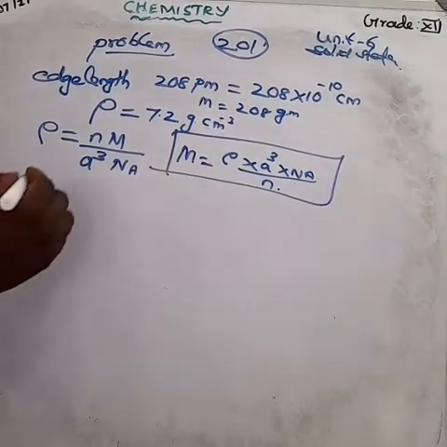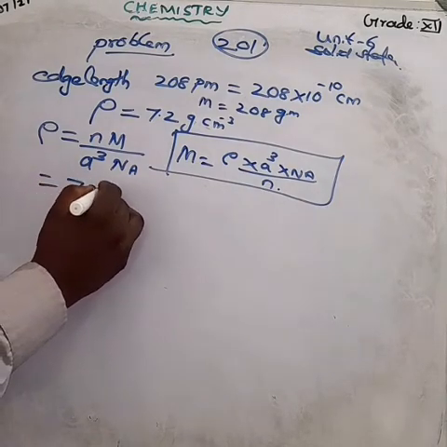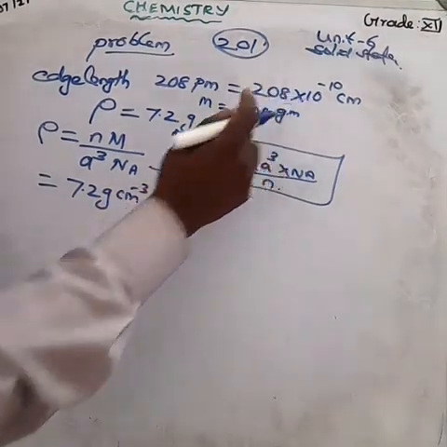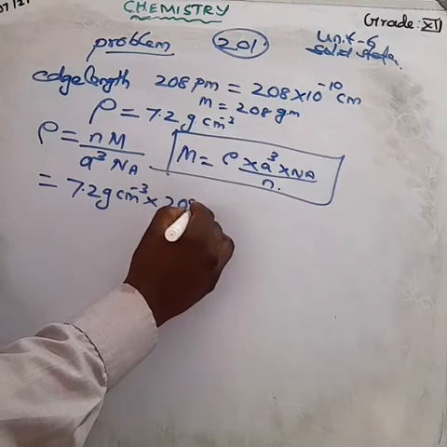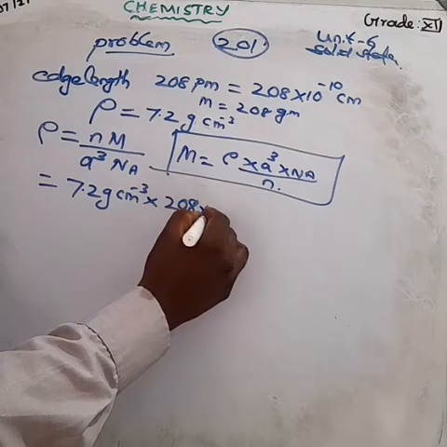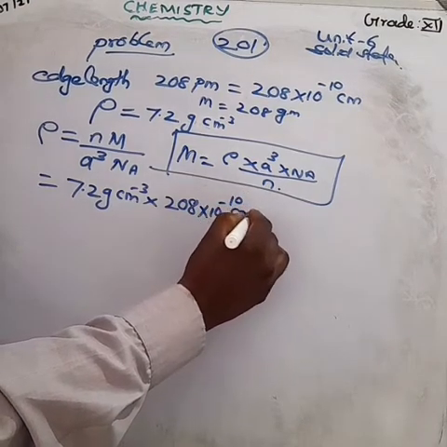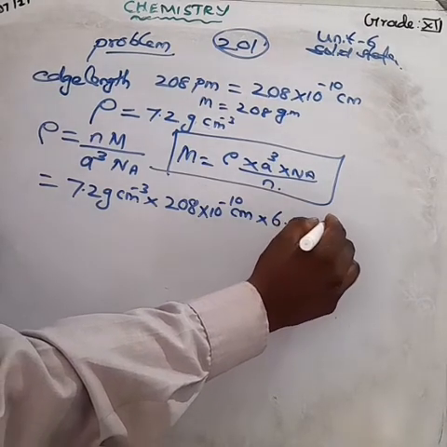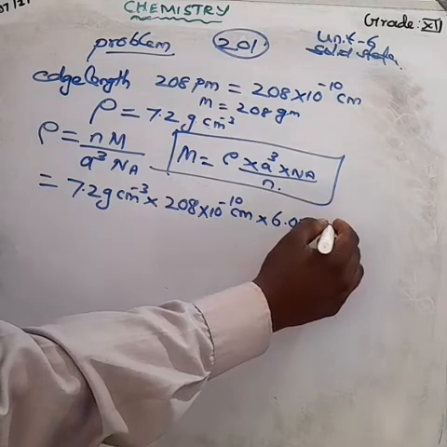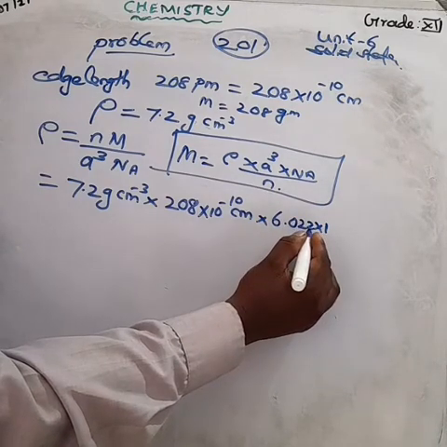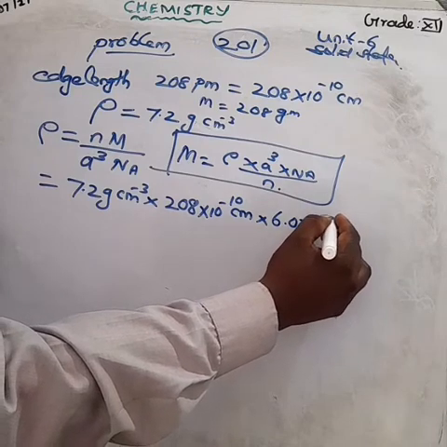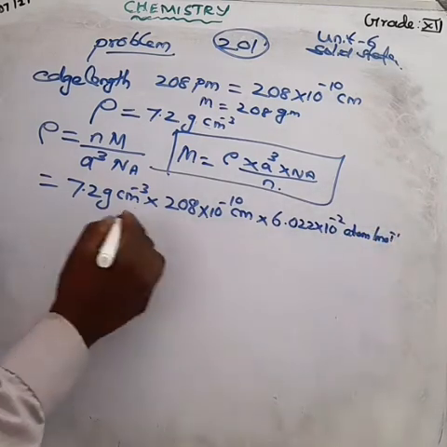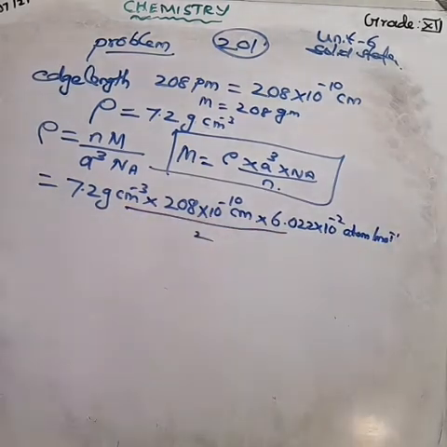Rho value is given, 7.2 gram centimeter minus 3, into the a cube value, which is 288 into 10 raised to minus 10 centimeter cube, into Avogadro number 6.022 into 10 raised to 23 atoms per mole, divided by n, which is equal to 2 because it is a body-centered cubic. Body-centered cubic value, all of you know, is 2 atoms.